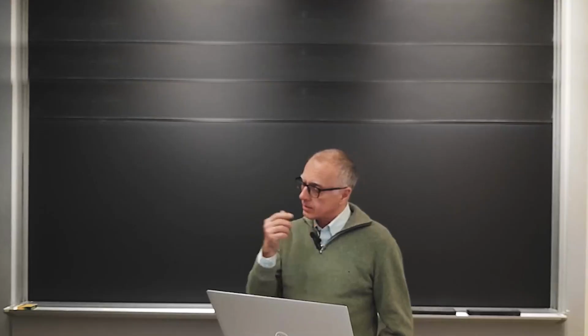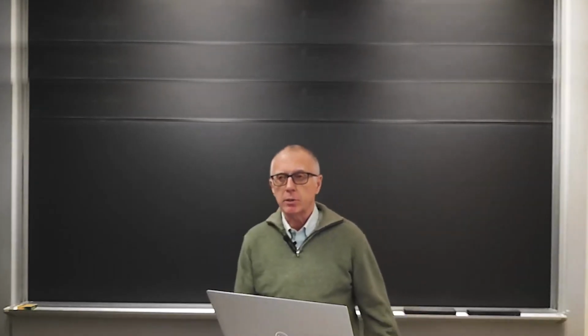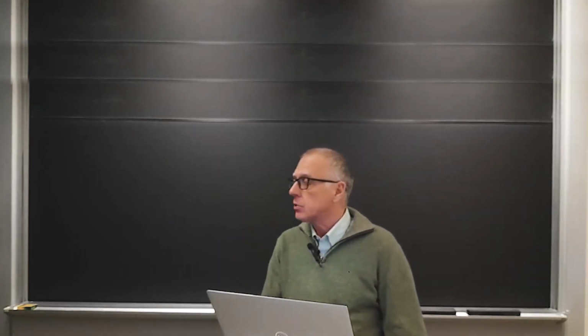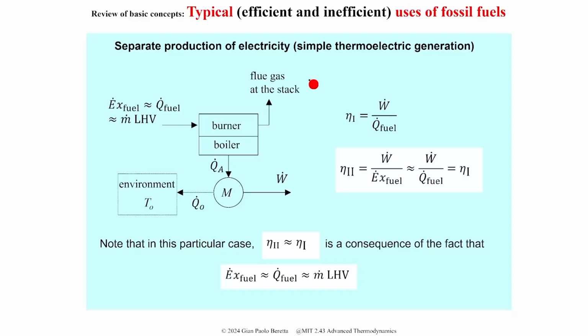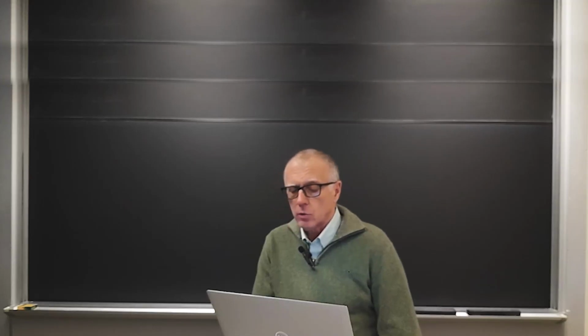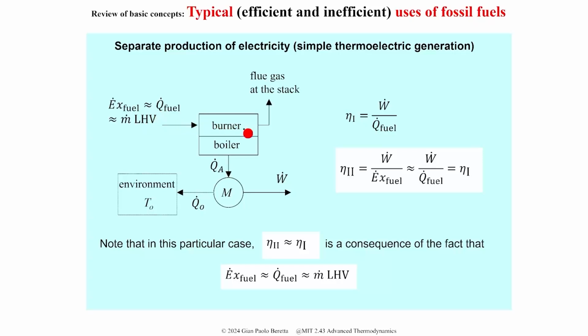And typically what gets out there is at relatively high temperature, say maybe 110, 140 degrees Celsius. This is when you don't want the water that is in the products of combustion to condense. That is to avoid, because some fuels have some sulfur content, and water with sulfur makes sulfuric acid, and that's corrosive, and you want to avoid that.